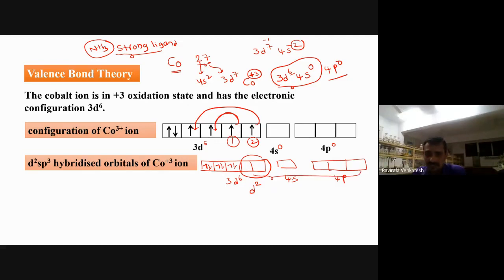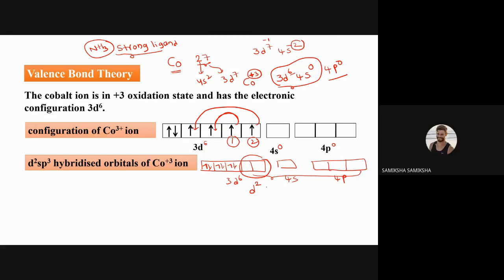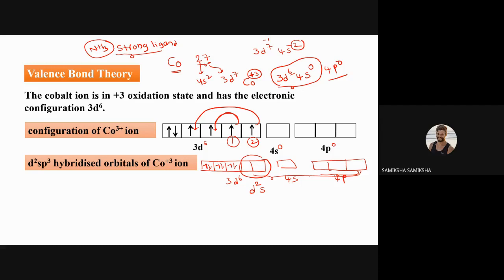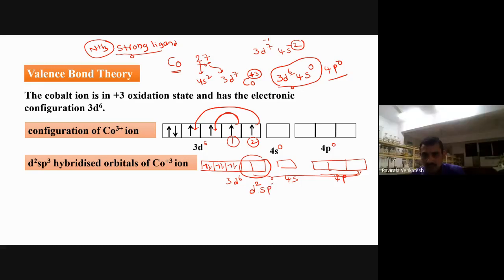How many s orbitals are there, Samiksha? 1, sir. Only one. So for one, no need to write anything here. If it is more than one, you have to write. Now how many p orbitals are there here? 3. So now write a p3 here. Now hybridization will be here d2sp3. Yes, it is d2sp3 you have written here.